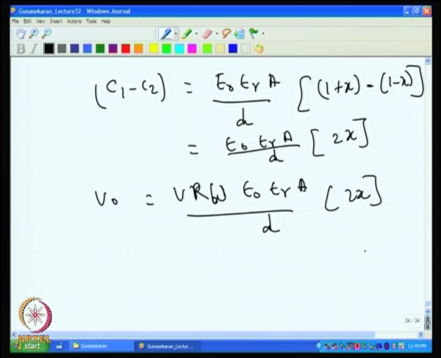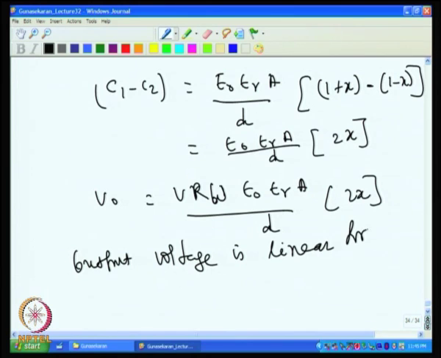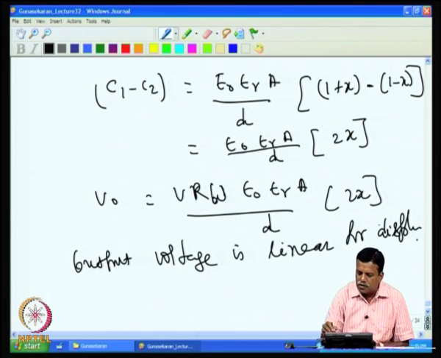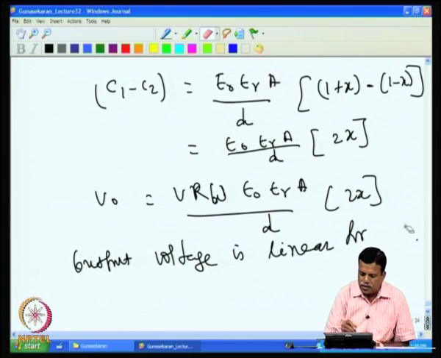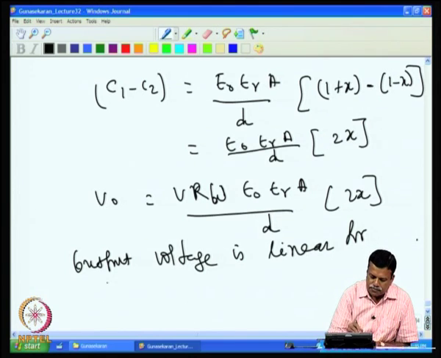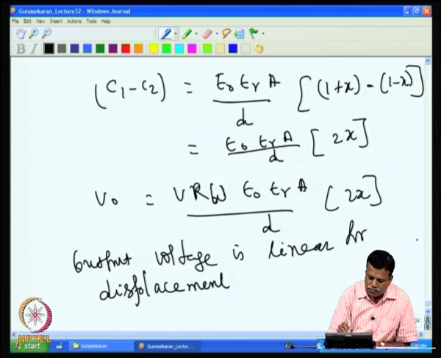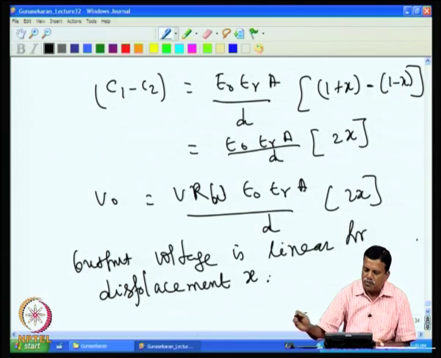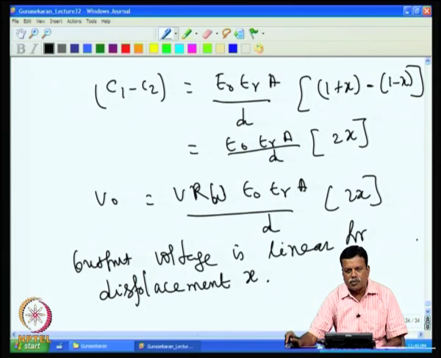So, the output voltage is linear with the displacement x. This is good because we can measure the displacement linearly through our output voltage.